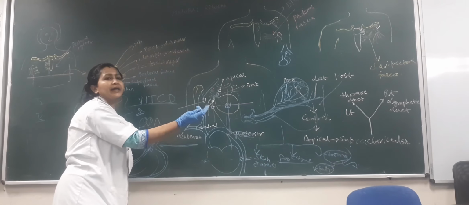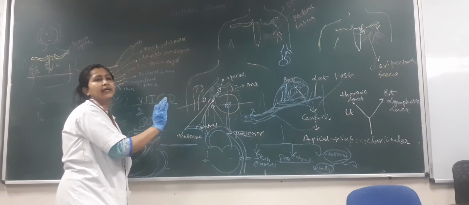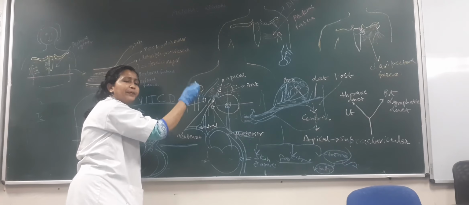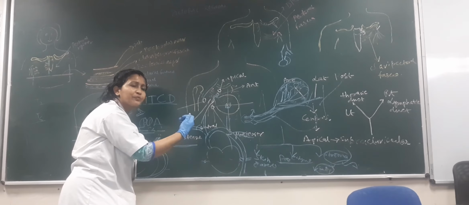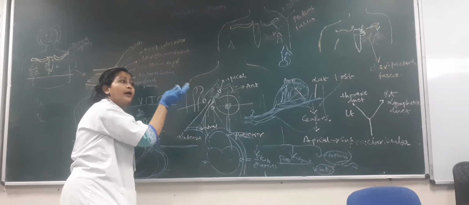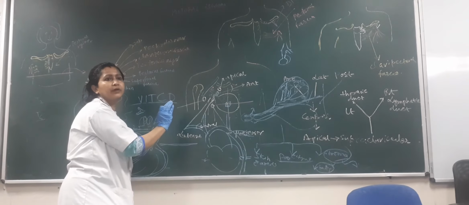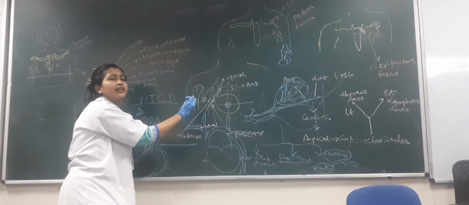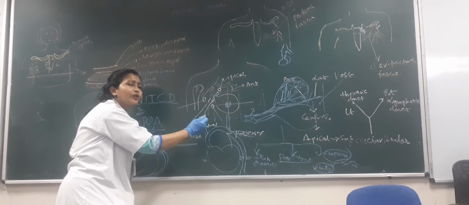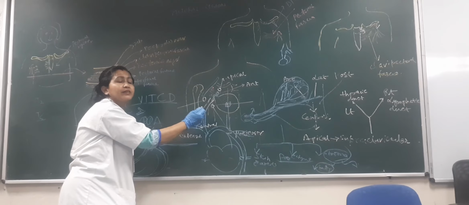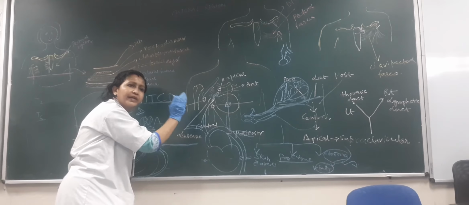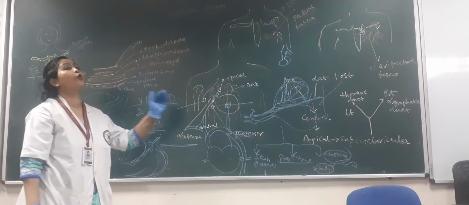Anterior to pectoralis minor, anterior group. Above pectoralis minor, apical group. Below pectoralis minor, central group. By the side of the humerus is the lateral or humeral group. And in the posterior axillary fold, by the side of the circumflex scapular vein, subscapular vein, it is posterior.